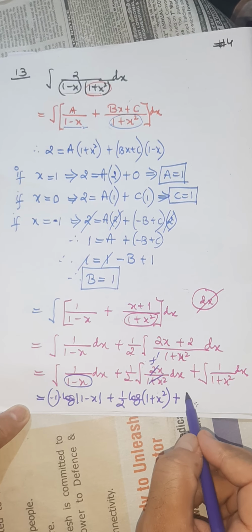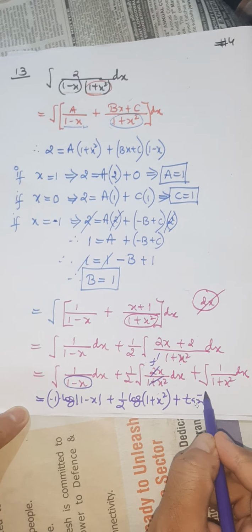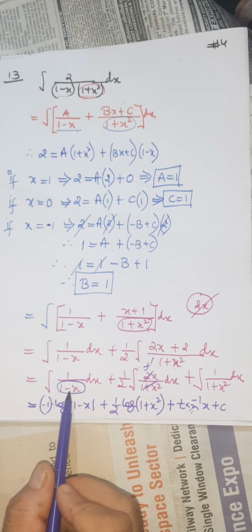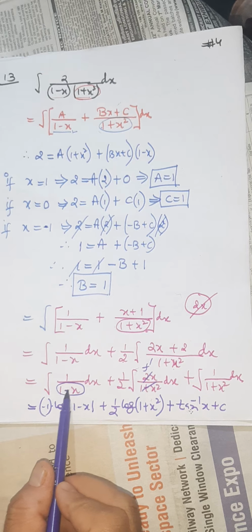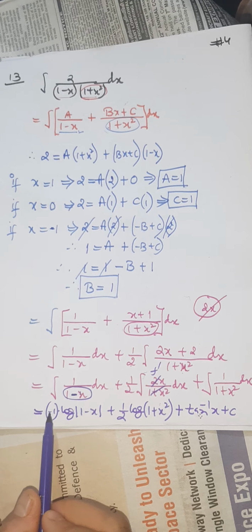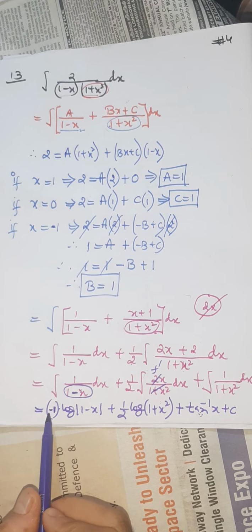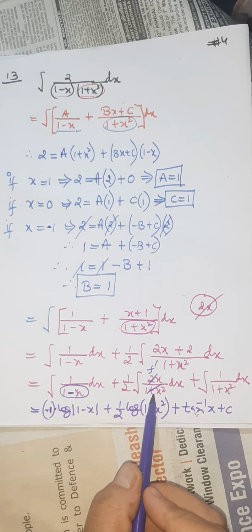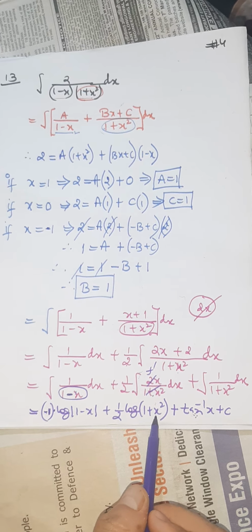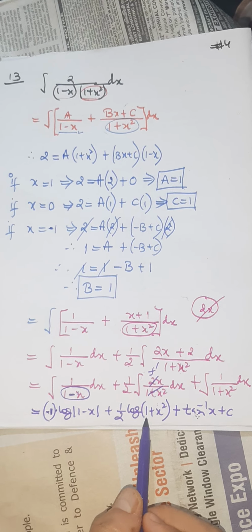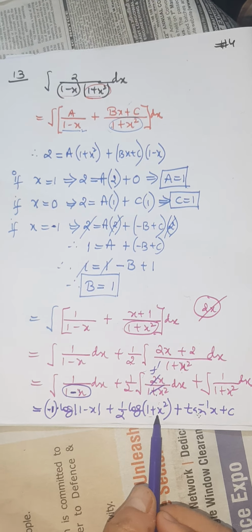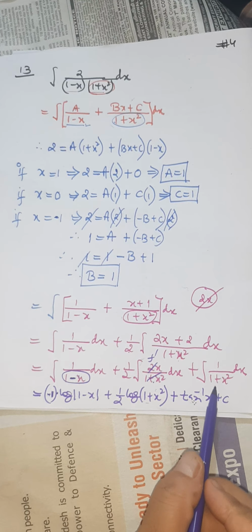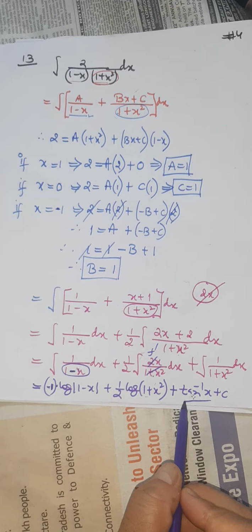And what is this? You know this is tan inverse x plus c. This is a linear function I've considered as x, but upon the coefficient of x, which is minus 1. So that's why over here upon minus 1 means into minus 1. This is f dash upon f, log of mod of the denominator expression. Modulus is not important because 1 plus x squared is always positive. And you know that this is tan inverse x.